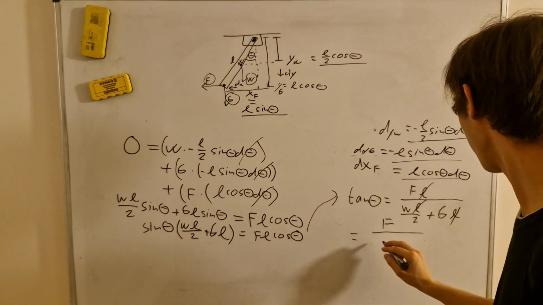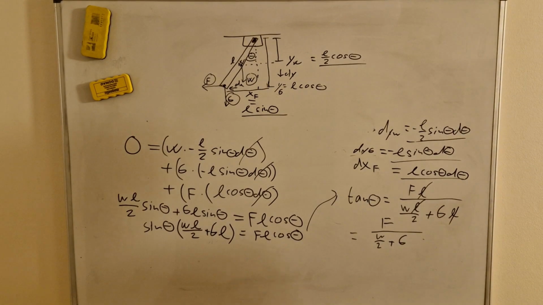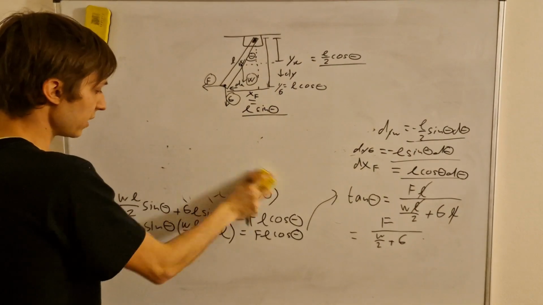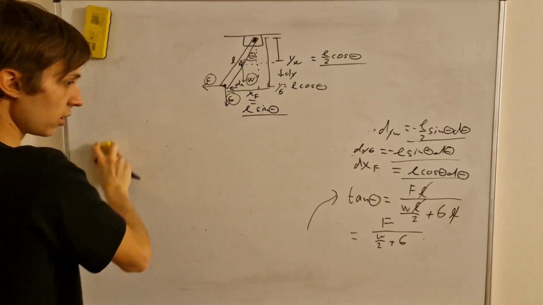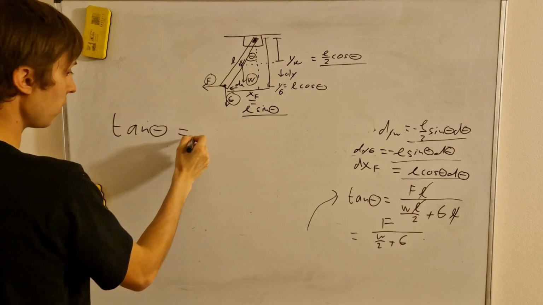So this over W over 2 plus G. And now we can modify it a little further. And so this is sort of calculation, but in the end we have some interesting results. So just a second more and we'll be there. Tangent theta.